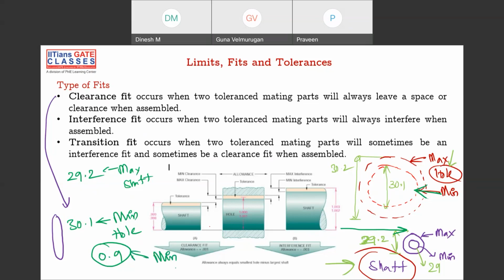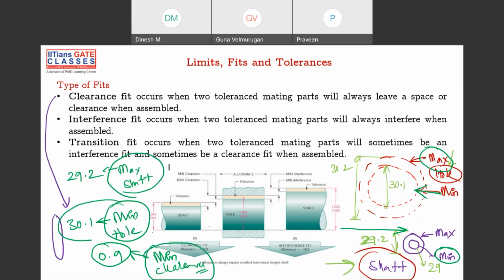When will we have the maximum clearance? When you select the minimum size of shaft and the maximum size of hole, only then will the maximum clearance come. But I'm selecting the maximum shaft and minimum hole, which is why this is the minimum clearance. In both cases, whatever dimension you take, clearance will be there. In the previous slide, I told you that minimum clearance is minimum hole size minus maximum shaft size.